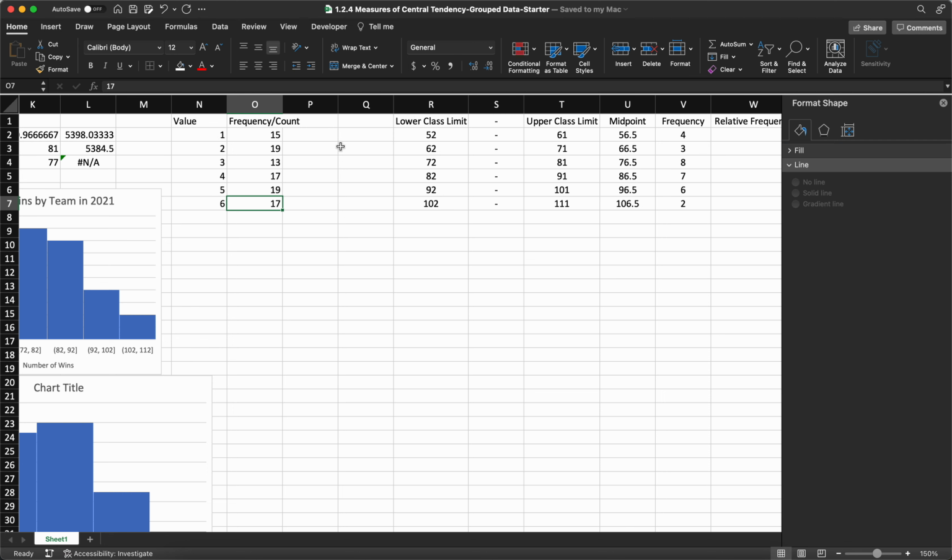So if I wanted to find the mean of this data set, I can't use a built-in formula. Because if I use the built-in average formula to average these values, I'm going to get 3.5. If I use average to average these values, I'm going to get 16.67.